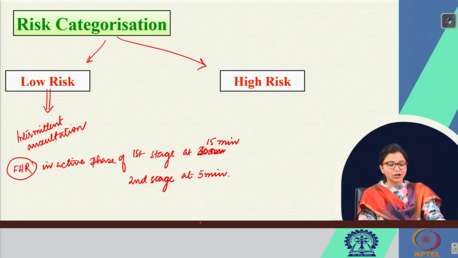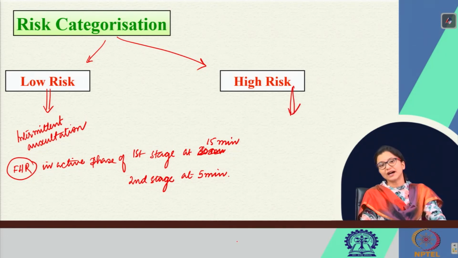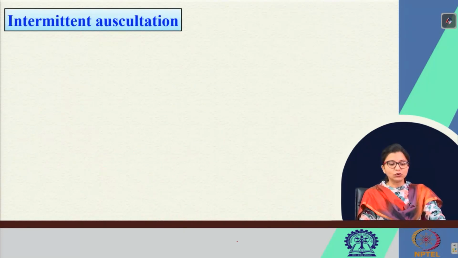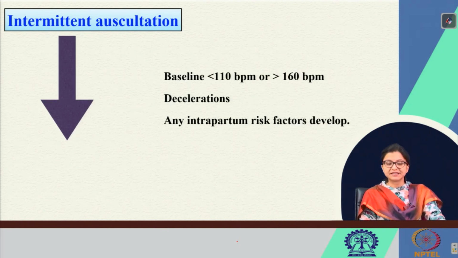So, that was for low risk. Now, coming to the high risk. Who are the high risk women? As I have already told, intermittent auscultation should be done for all pregnancies of low risk category, that is without any complication on the part of mother or fetus.